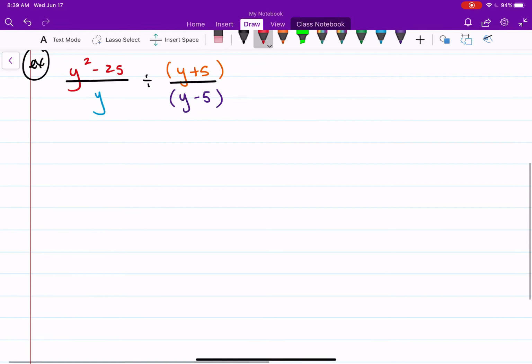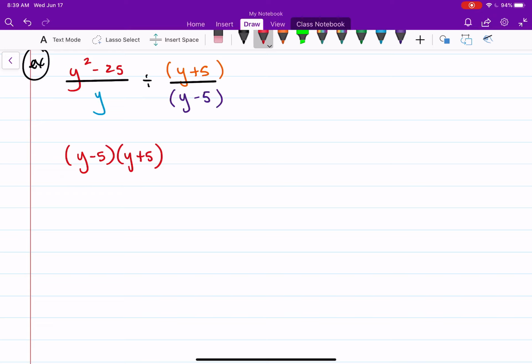So that is the difference of two perfect squares. So this is going to be a y minus 5 and a y plus 5. Okay? And the question you might ask is, does it matter if we wrote it as y plus 5 and then y minus 5? And the answer is no, because 2 times 3 is the same as 3 times 2. It doesn't matter which one I use first, it's still going to come out to be 6.